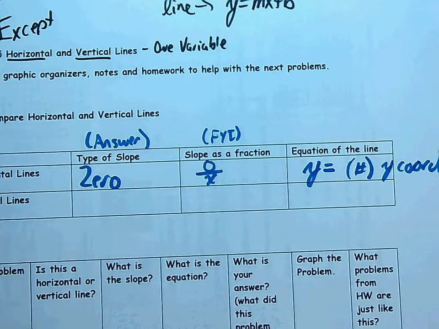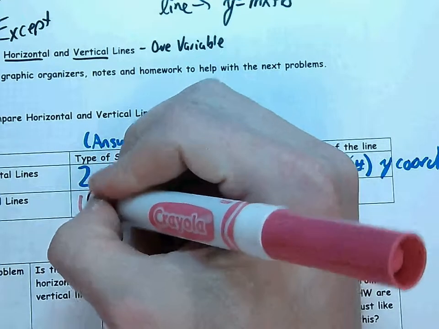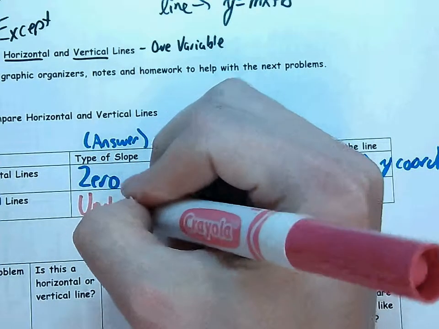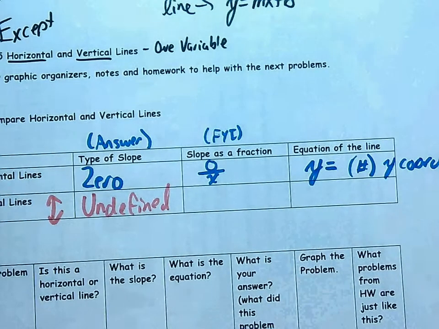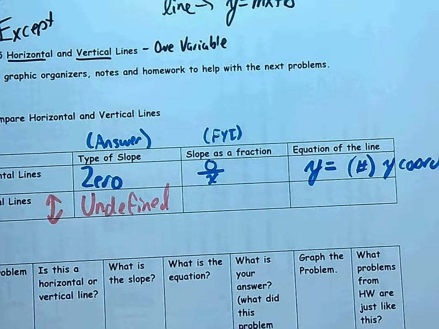For vertical, you can almost think of it as completely backwards from everything we just said. So vertical is not zero slope, it's undefined. That guy is falling down. In case you can't remember which one's which, I will even draw the little picture of a vertical and horizontal line.